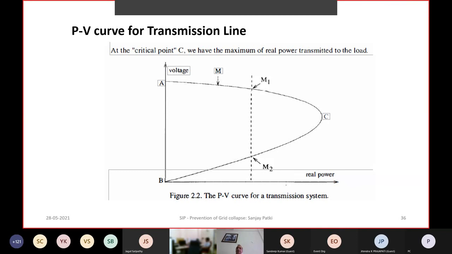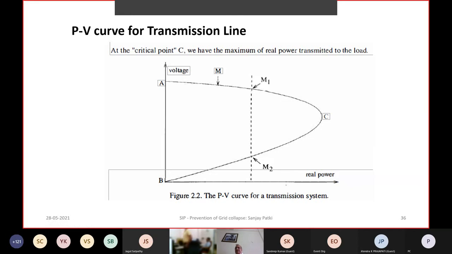Motor loads typically, when the voltage is low, will draw more current and the power factor will become poorer. So more reactive power flow occurs. Now the more the reactive power flow with the X of the line, there will be more voltage drop. So the voltage will further go down.